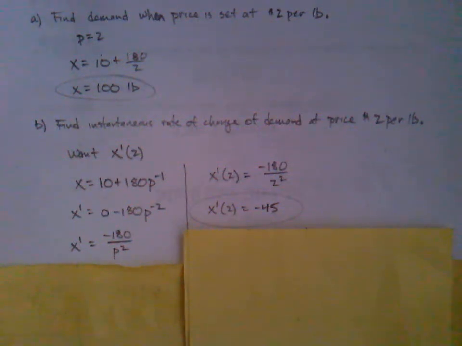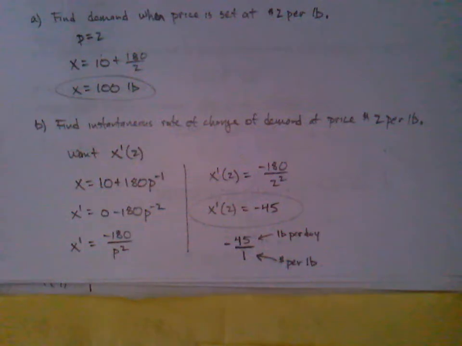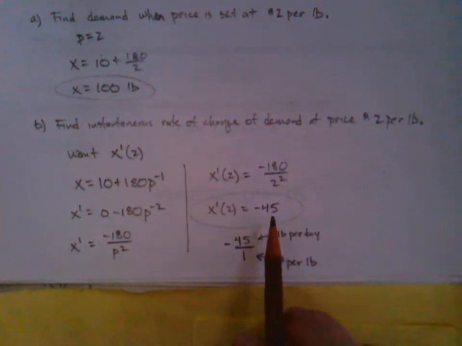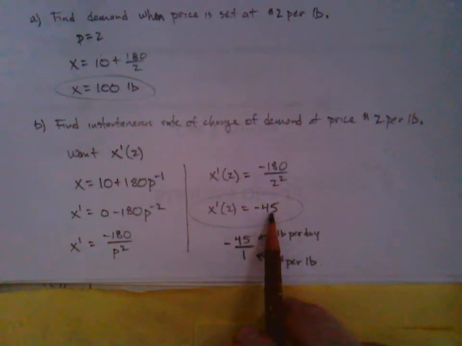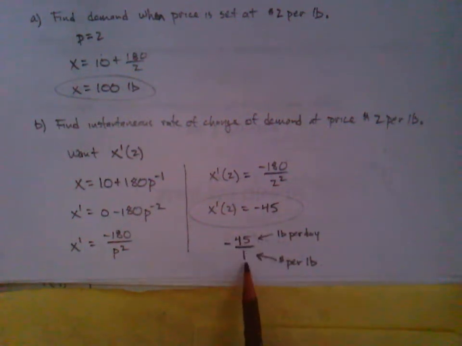But maybe we're wondering, like, what does that even mean for this candy store and how they should charge for their fudge? Maybe we're wondering that. I'm glad you are. Here's what it means. This represents a slope, right? It's a derivative. So think of it as a fraction, negative 45 over 1.